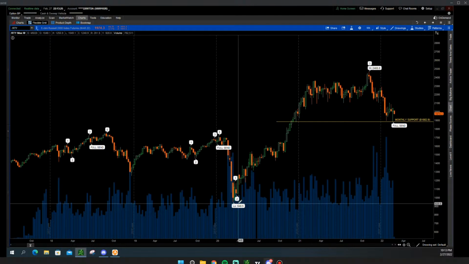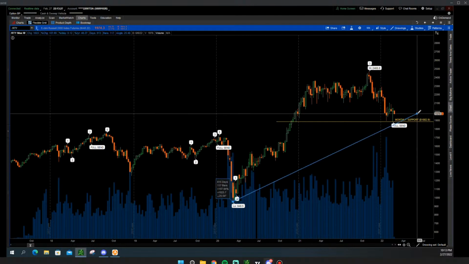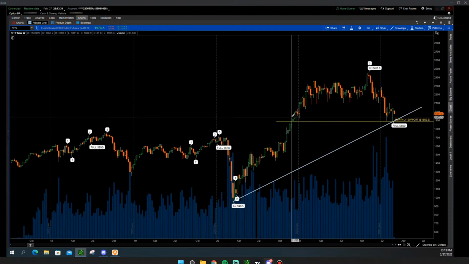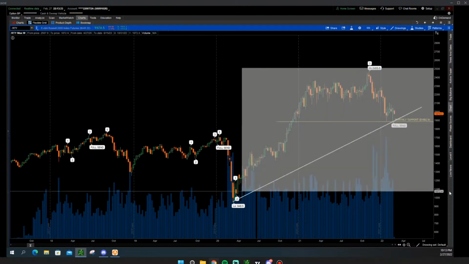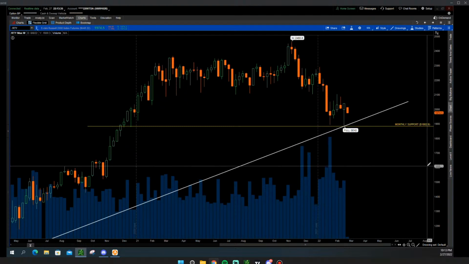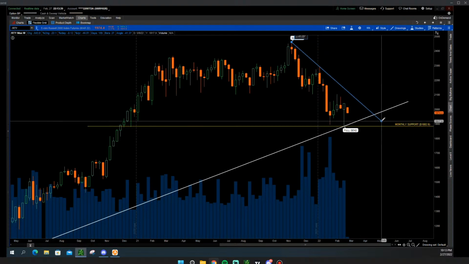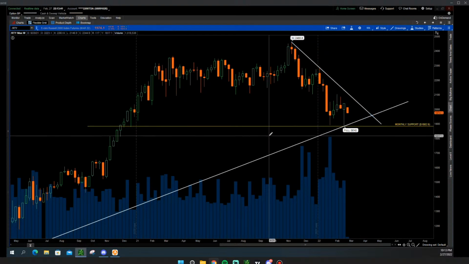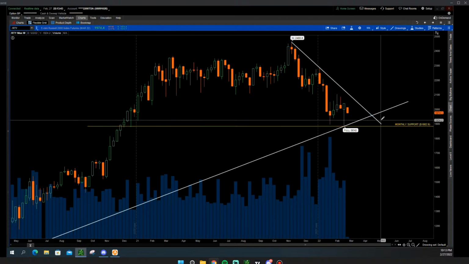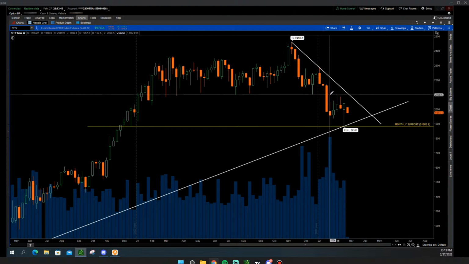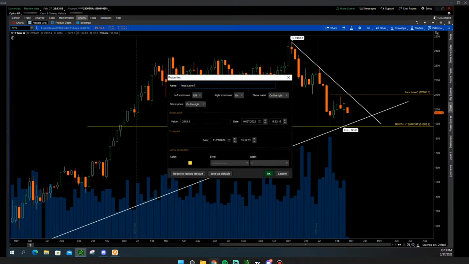Draw it off of the weekly just to look at it, because this sets up nicely for IWM short right here. So this would be the new higher high.